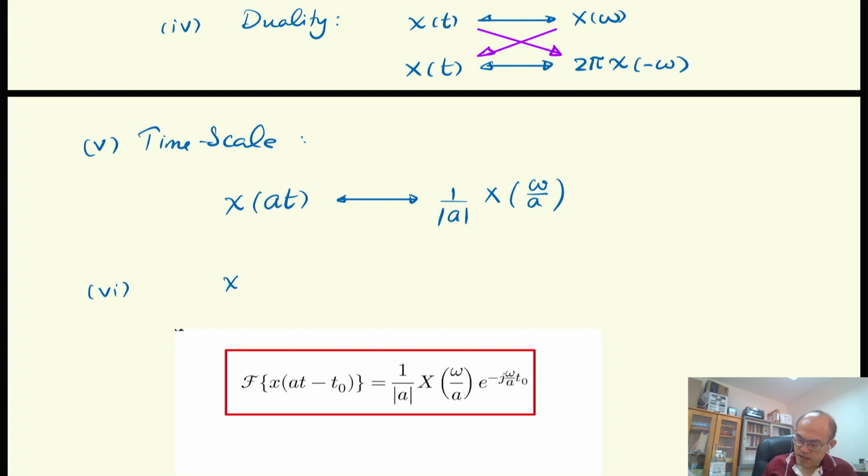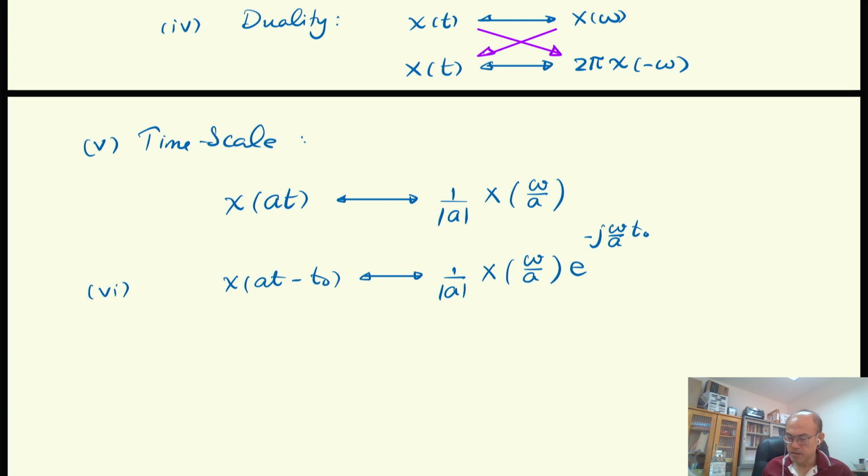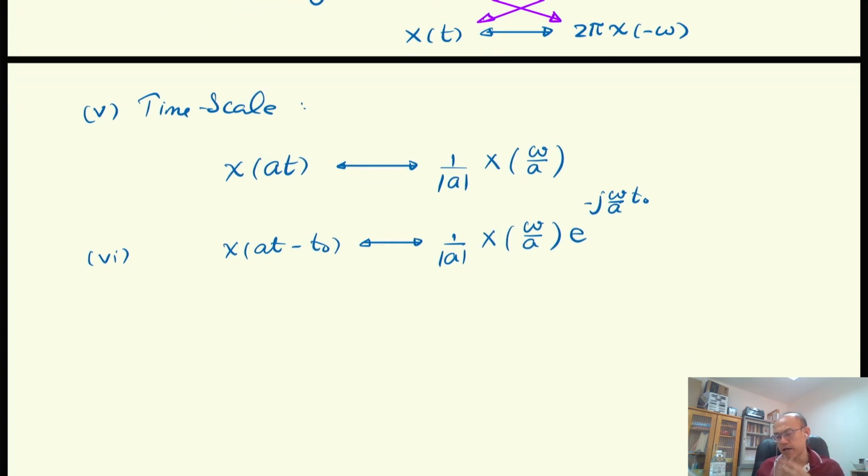So x of at minus t0 has a Fourier transform pair of 1 over absolute a X of omega over a e to the minus j omega over a times t0. So that is time transformation.